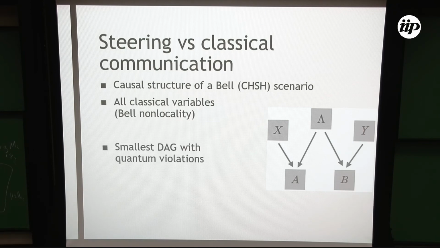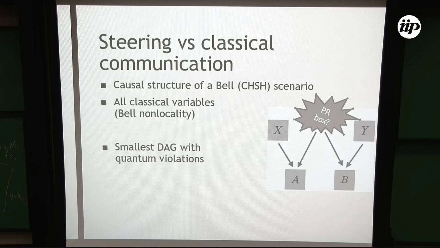This is the smallest thing we can do that actually gets quantum violations. Quantum violations means that if you have a quantum state here, you get results which you cannot get if you just assume classical variables, right? I guess we probably all know that kind of thing.